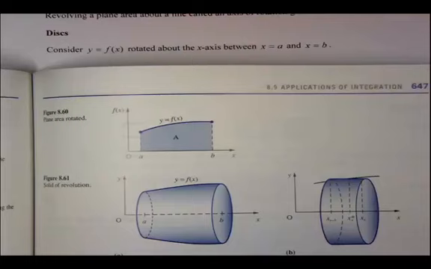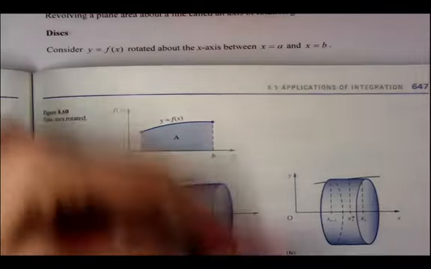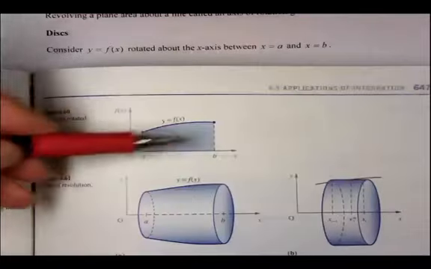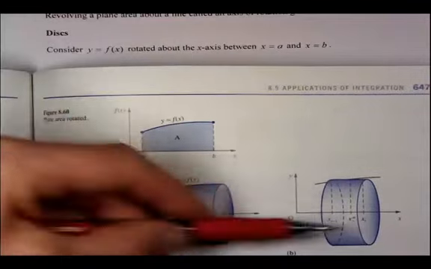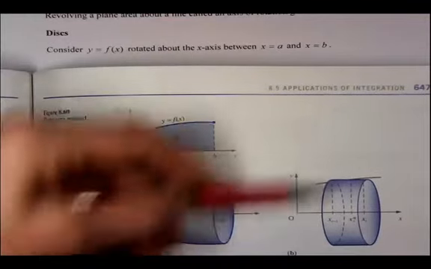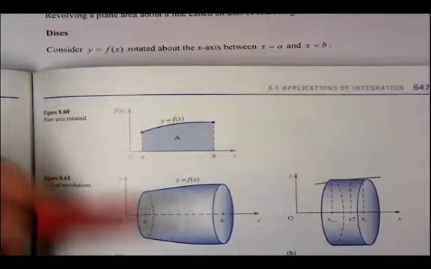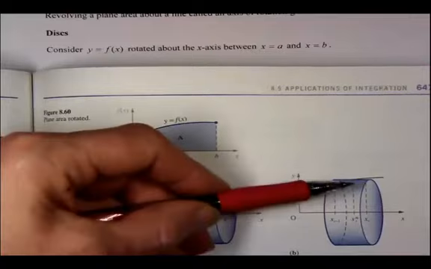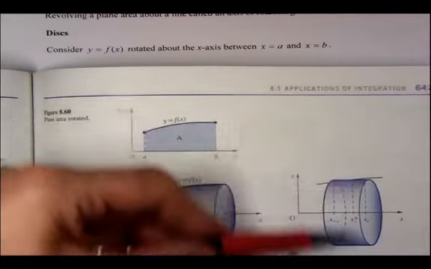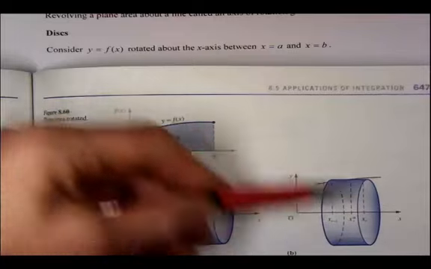So it's pi r squared times its height, which is delta x. We know its radius because that's the function value. So each little cylinder has volume pi r squared times delta x.